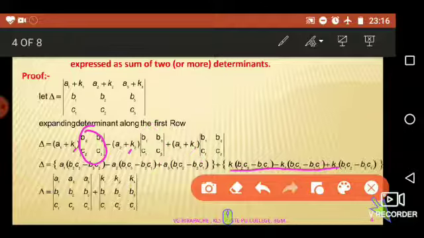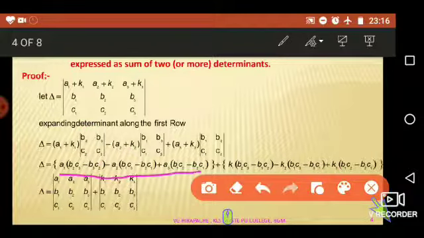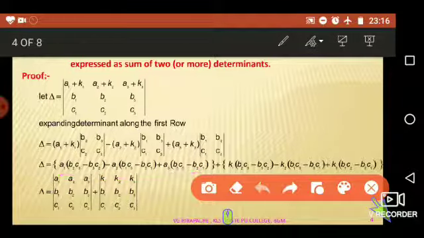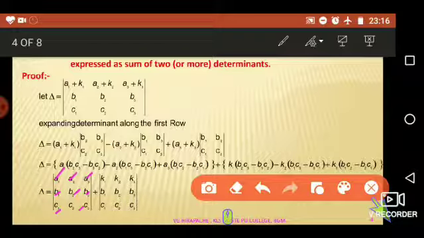Therefore, the value of the first term is the value of the determinant containing the elements A1, A2, A3, B1, B2, B3, C1, C2, C3.